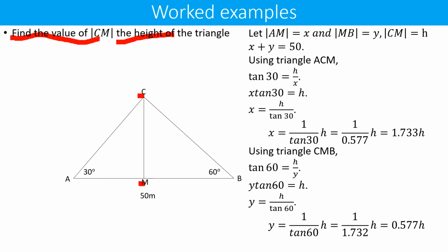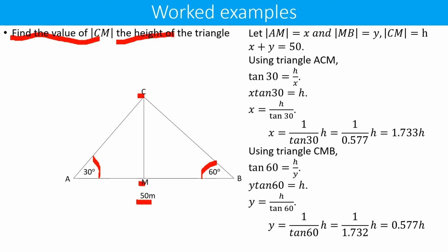So we have 30 degrees at this side, 30 degrees here, and we have length AB is 50 meters. Note that this one is not dividing this into two.